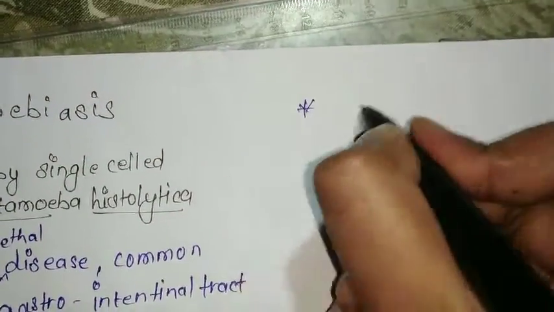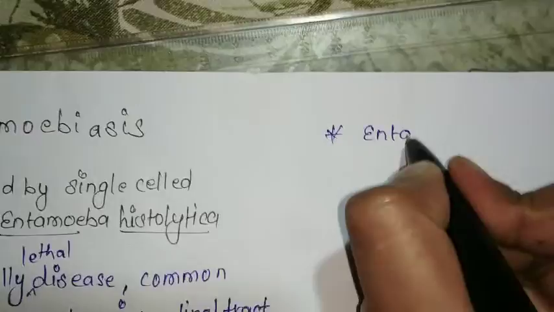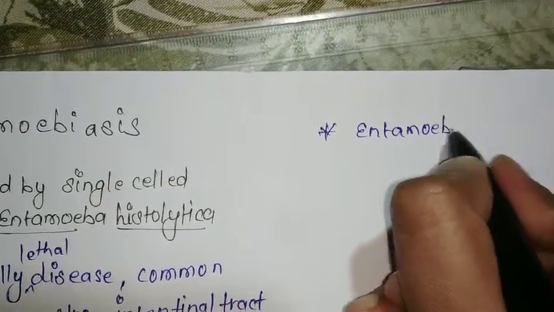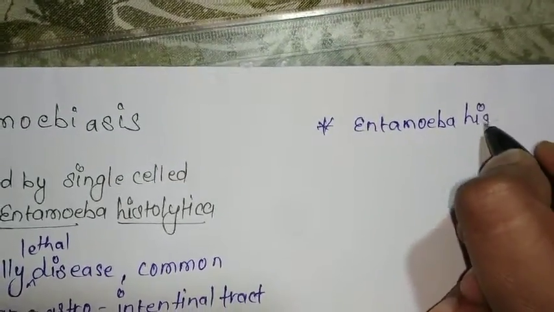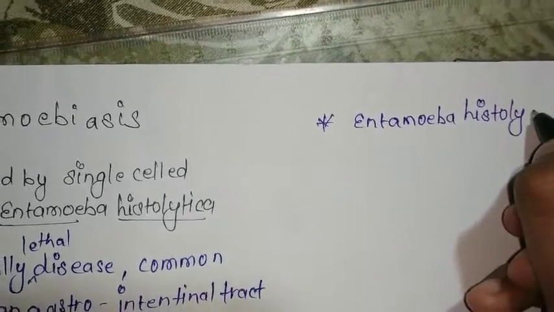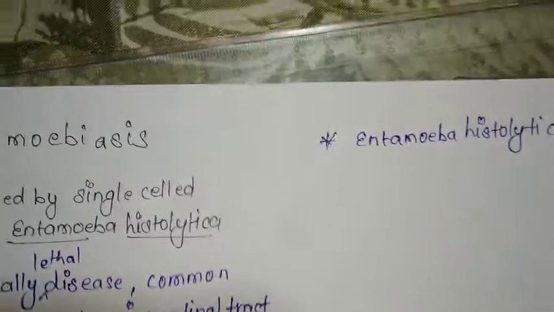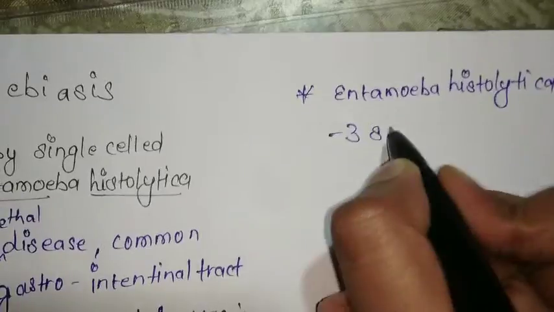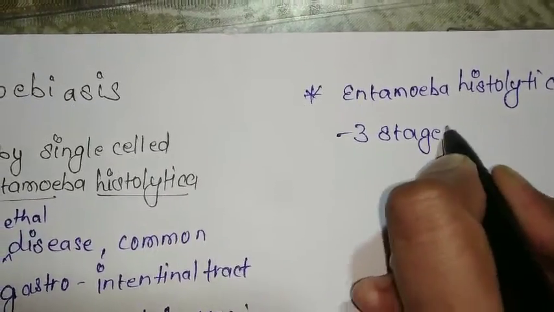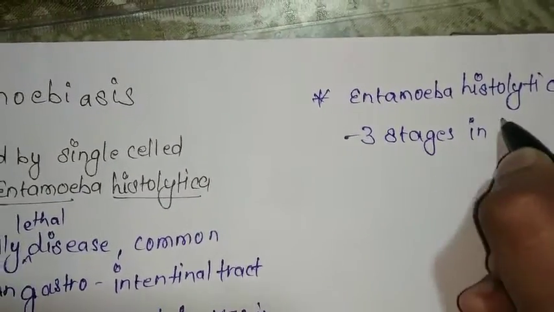Now this Entamoeba histolytica shows 3 stages in its life cycle.